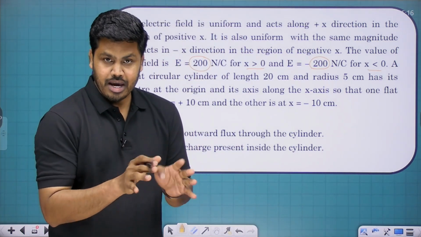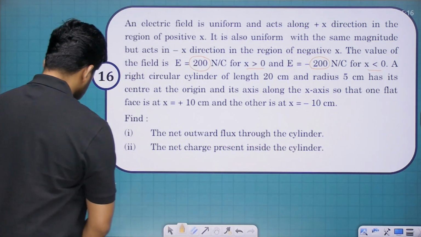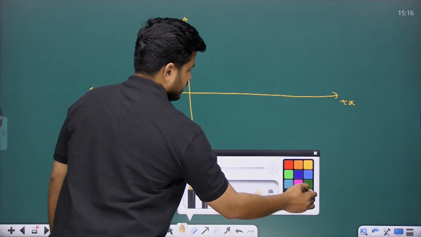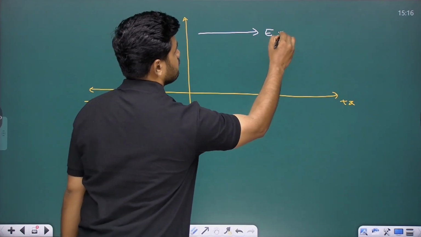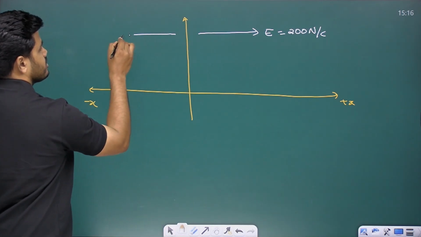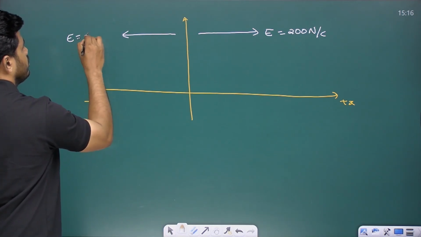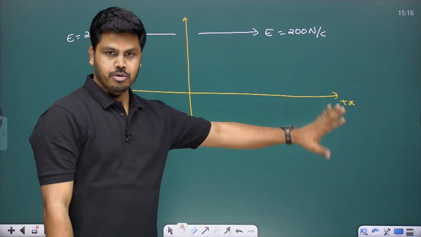Both of them have the same magnitude, 200 newton per coulomb, but they are in opposite directions. So along the positive x-axis the electric field is 200 newton per coulomb. Along the negative x-axis, the electric field is also 200 newton per coulomb, in the opposite direction as per the question.